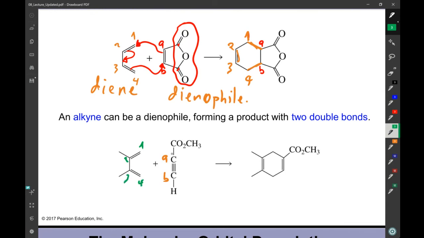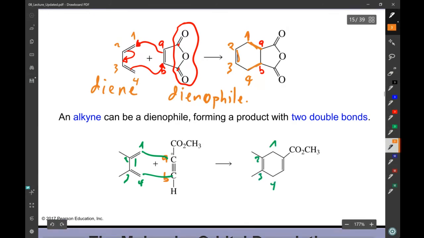And so you will create a bond between 1 and A, form a new double bond between 2 and 3, and then create a bond between 4 and B. This will be your 1, 2, 3, and 4, and in this case, that will be carbon A and that will be carbon B. Does that make sense?